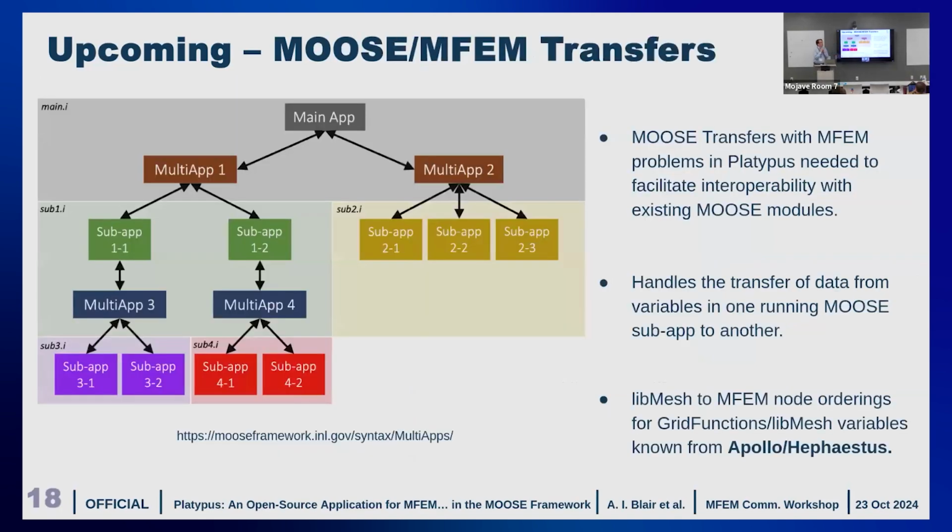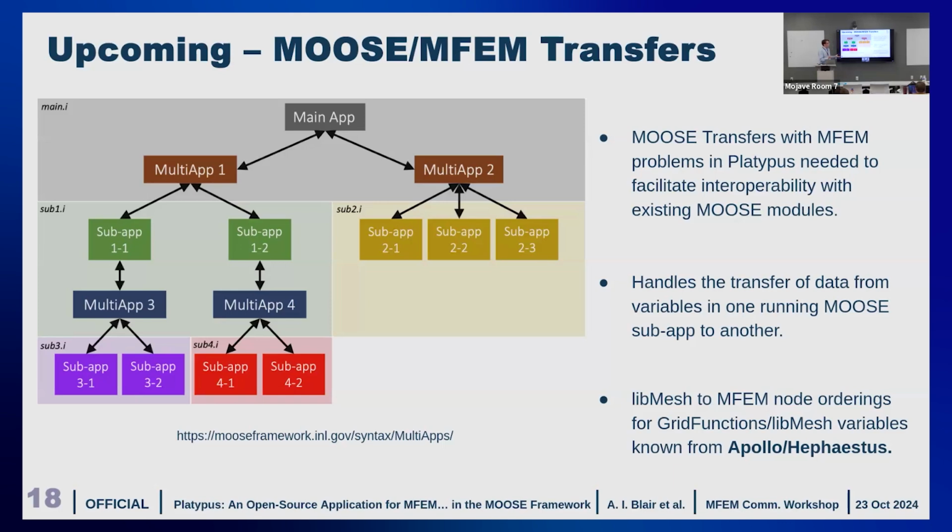One big thing we're adding for interoperability purposes is transfers. Moose, if anyone has played with it, has this idea of a multi-app framework where multiple input files can perform parts of a larger simulation and transfer data between these sub-apps.